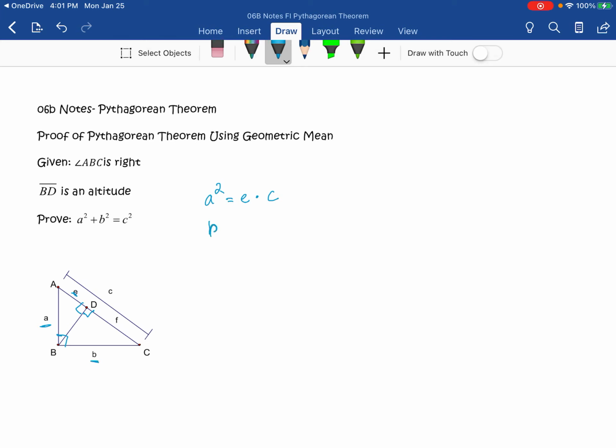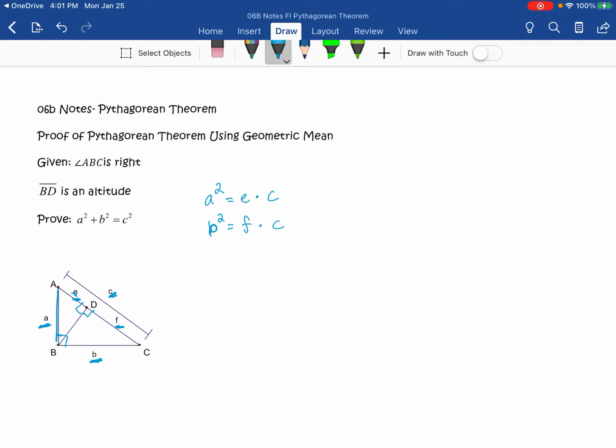I also know b squared, my other leg squared, is equal to part of my hypotenuse, which is F, times my whole hypotenuse. That was from last class. So I know b squared is equal to F times C, and a squared is equal to E times C. So leg squared is equal to part times whole.